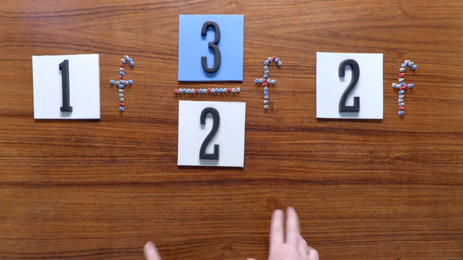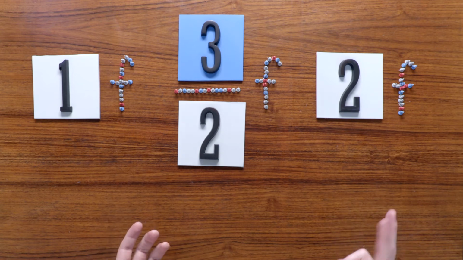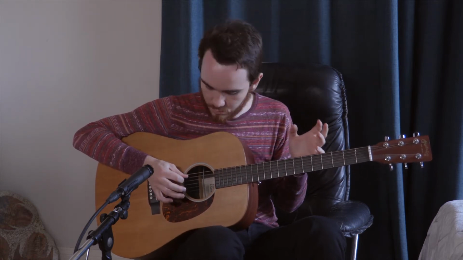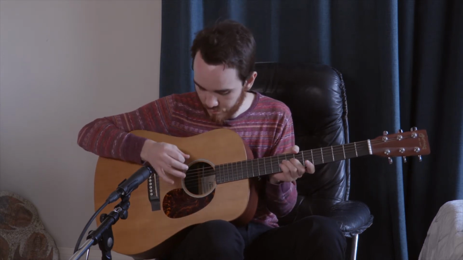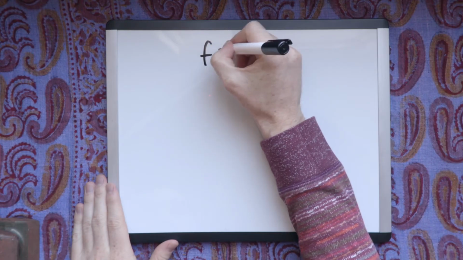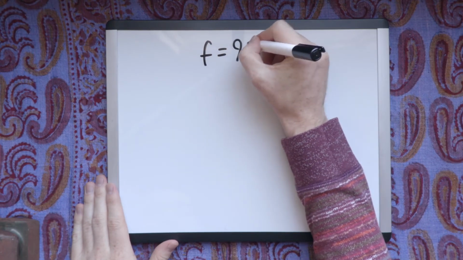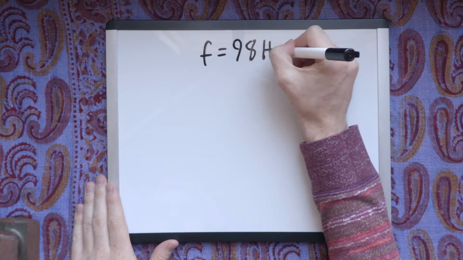Cool, we know what consonance is now, but why consonance? And there's 2 ways to think about it. On this guitar, I've tuned 2 strings to have a specific relationship. The bottom one is 98 hertz. Now 98 is going to be our F, our variable. We're basing everything else off of 98 hertz.